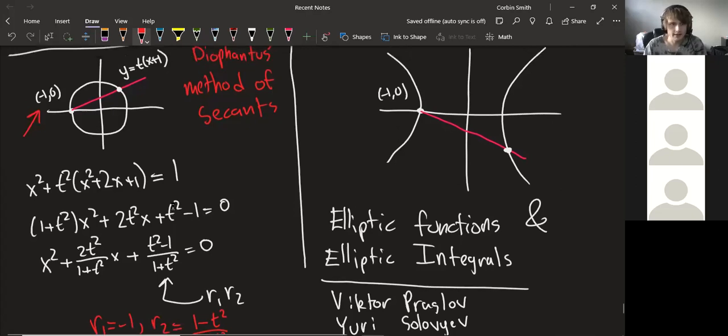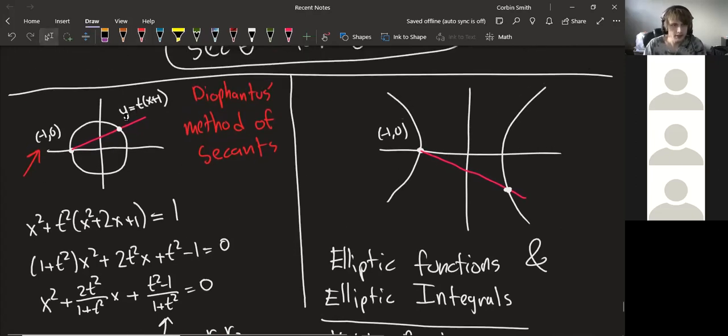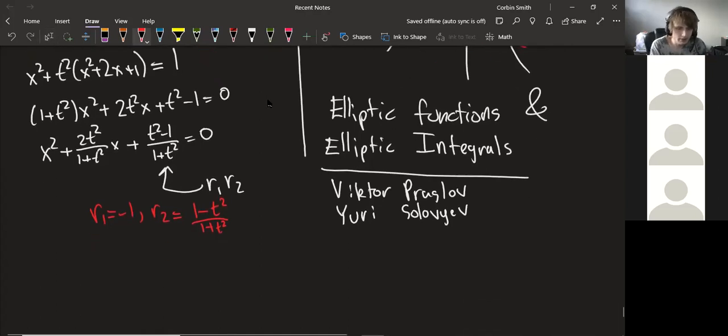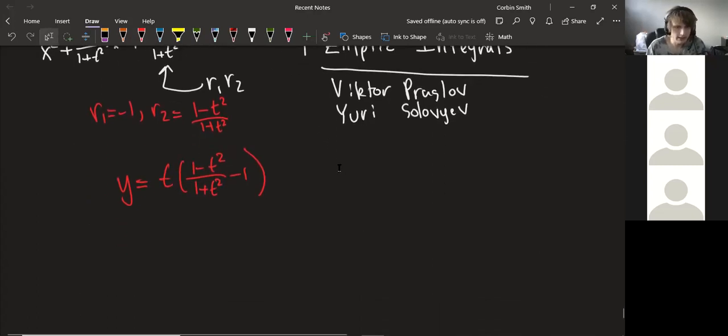And then if we want to find the value of y, then we just plug that value of x back into here. So we get y is equal to t times 1 minus t squared over 1 plus t squared plus 1. So we can rewrite that as y is equal to t times 1 minus t squared plus 1 plus t squared.